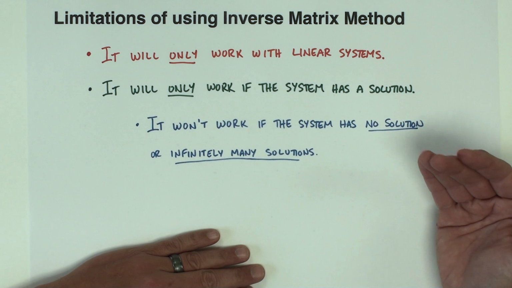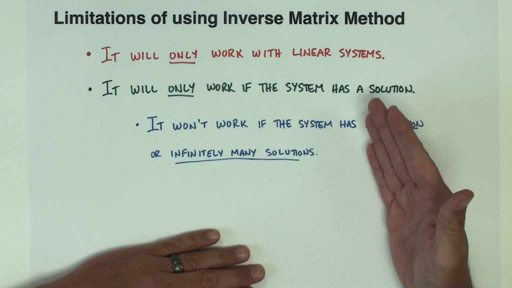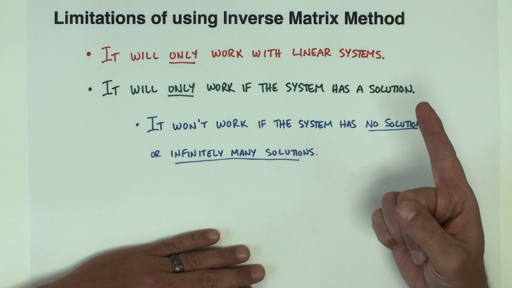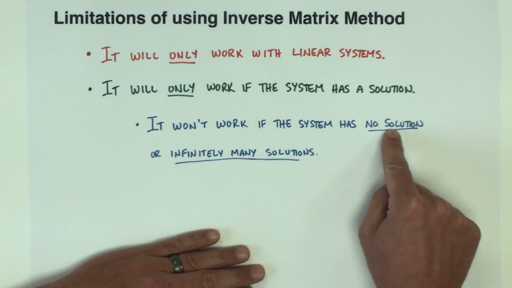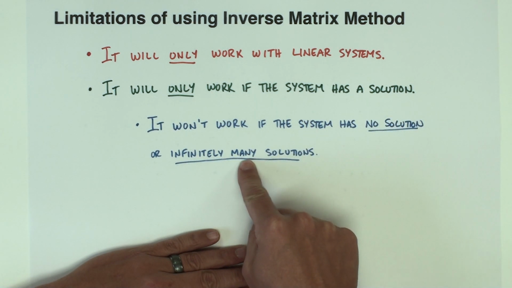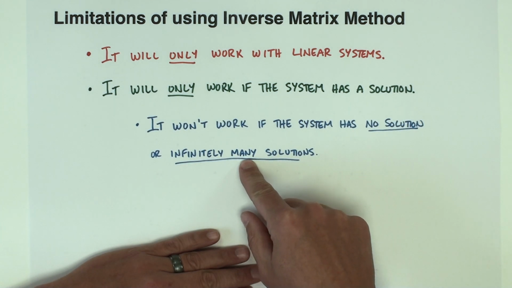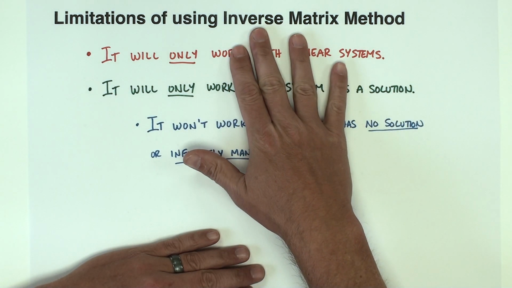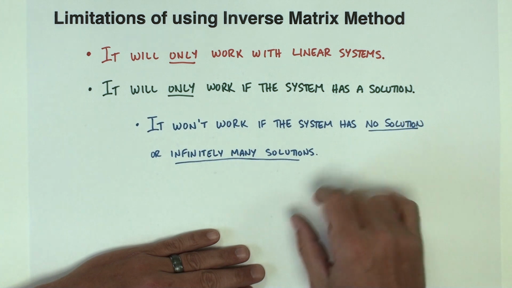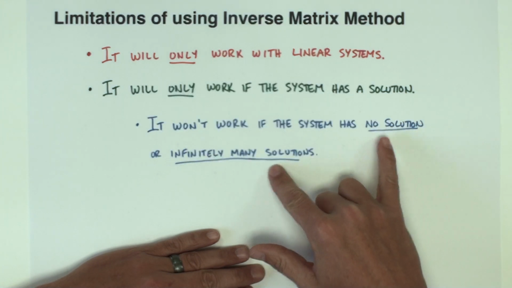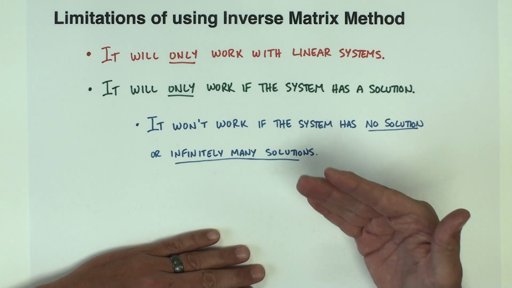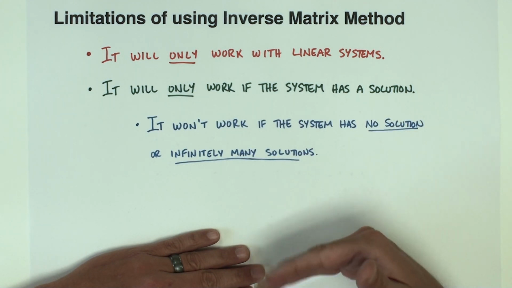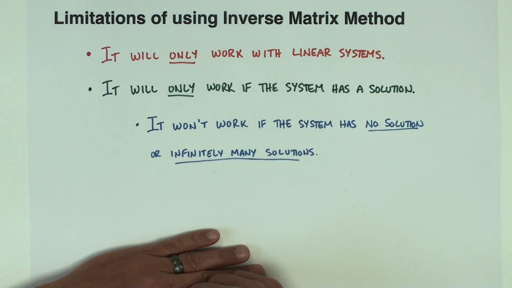And when that happens, you have to revert back to either substitution or elimination method to determine if it's no solution or infinitely many solutions, because when this inverse matrix method fails, it gives no distinction as to which of these two it is. So there are some reasons there that you still need to know substitution and elimination methods.